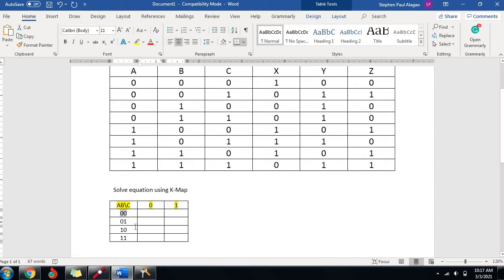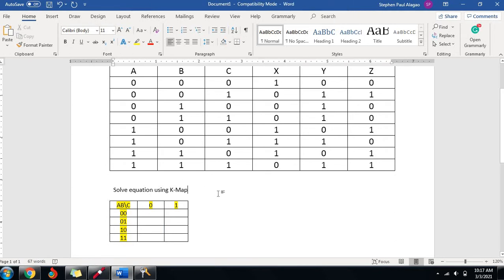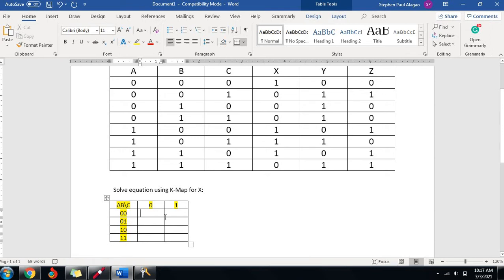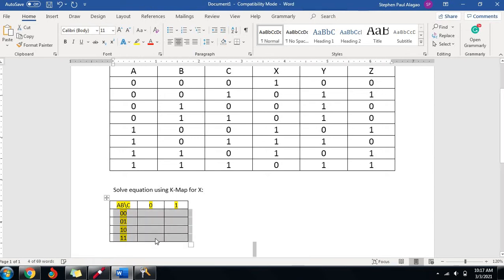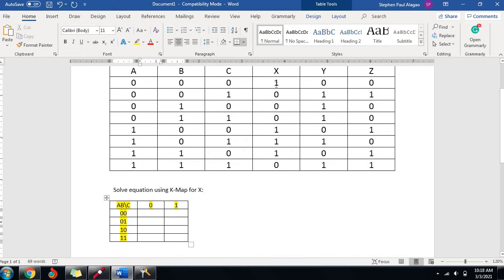So these values here are what we call the binary values. If you're going to look at the output for X, for 0, 0, 0, this will be 1.